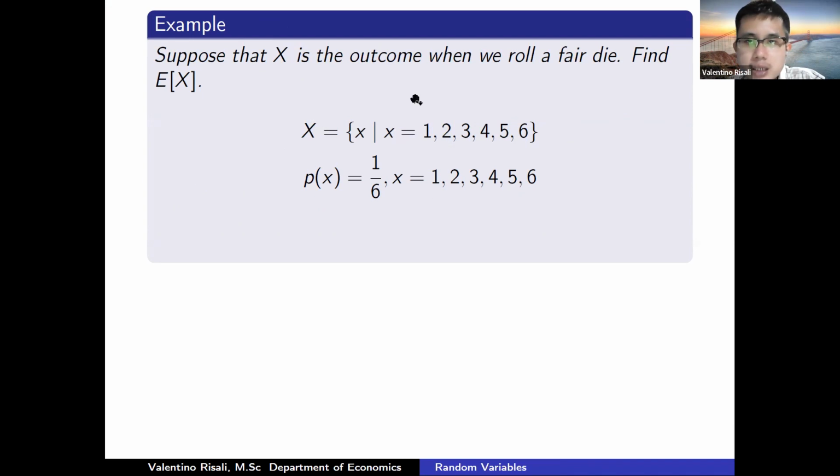And because this is a fair die, the probability of each little x is equal to 1/6 for all x. Then by the definition, because x is a discrete random variable, the expectation is the sigma of x times p(x), from x equal to 1 until 6.